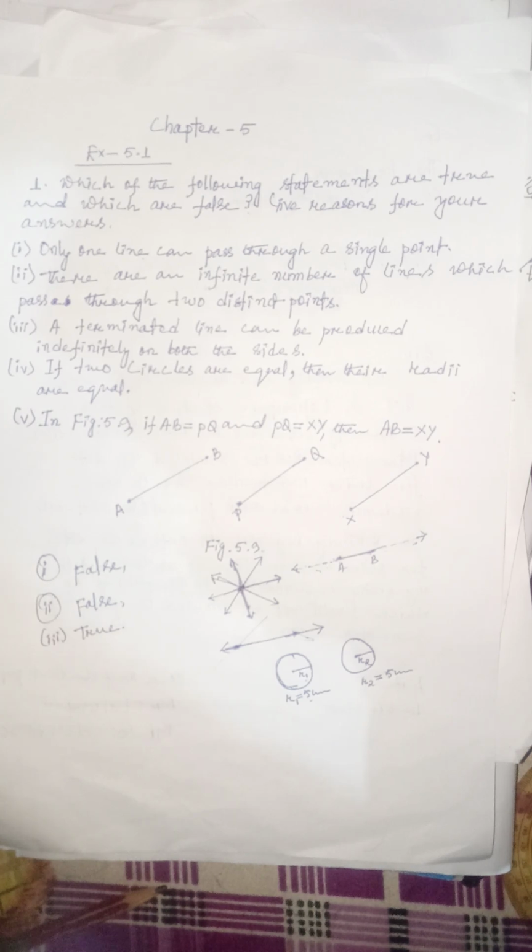Actually, this is the statement which axiom number 1 has given to us, that we discussed 2 or 3 days back. In this case, the first line segment is AB, and after that we have PQ. Here we can see that AB is equal to PQ and PQ is equal to XY.